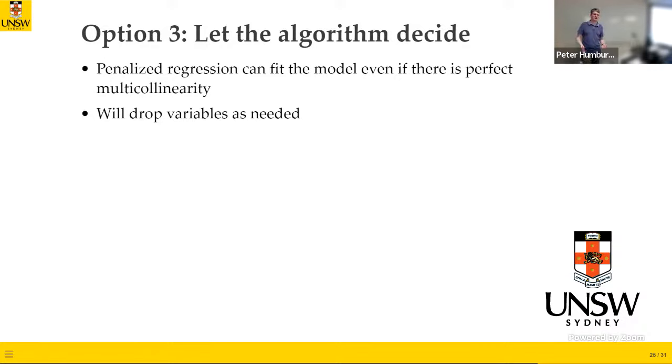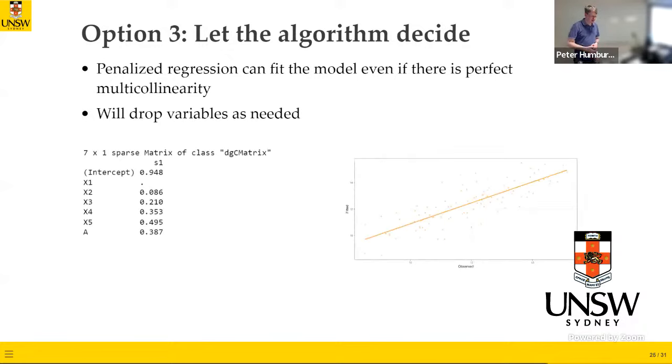But with penalized regression, you can take all of them and it will deal with it in a way that you can maybe kind of make sense of. So of course, it will not be able to give you your estimates for the coefficients of all of the variables, because that's just not possible.